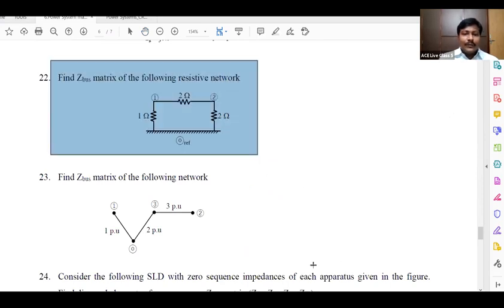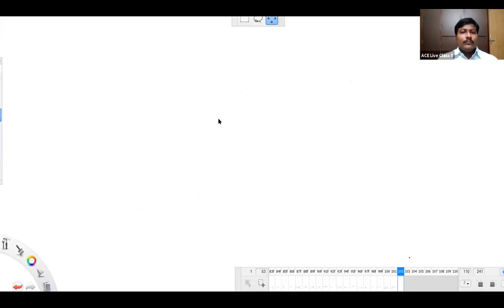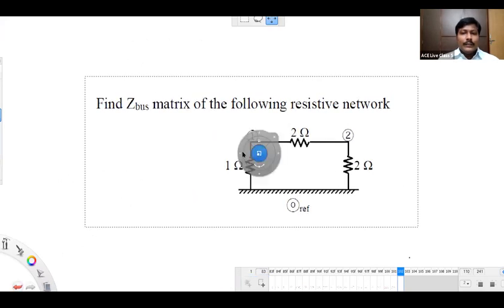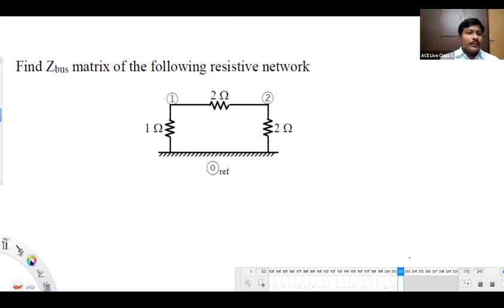Find Z-bus matrix of the following resistive network. It's a question asked in previous ESC prelims examination. Go through this now. Find Z-bus matrix of the following resistive network.